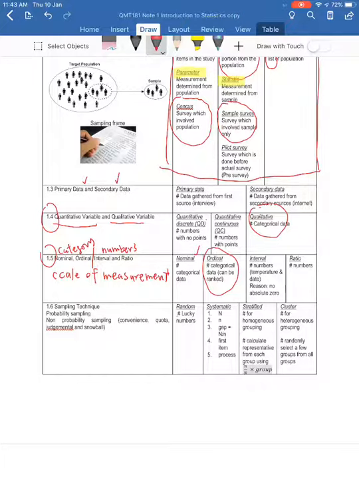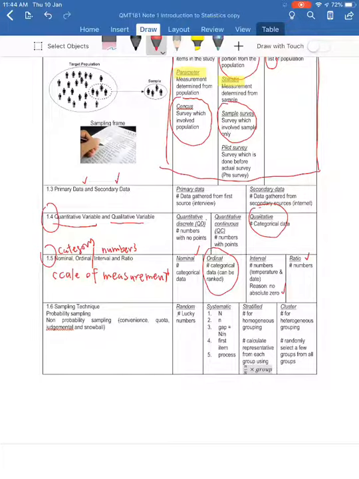For numbers, all of the numbers are ratio except for temperature and date, which fall into the interval category. The reason is no absolute zero. For example, Celsius and Fahrenheit: when we say 0 Celsius, it does not mean there is no temperature. 0 Celsius is not 0 Fahrenheit. So there is a reason, no absolute zero, so it falls into the interval category.